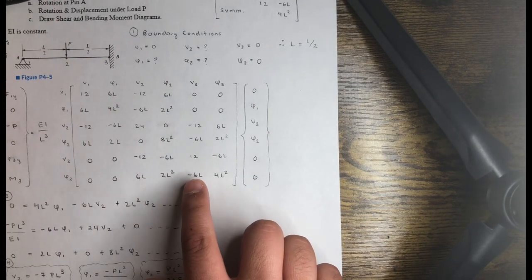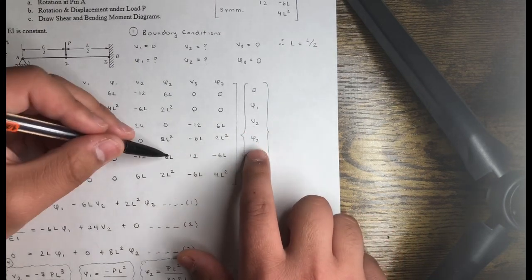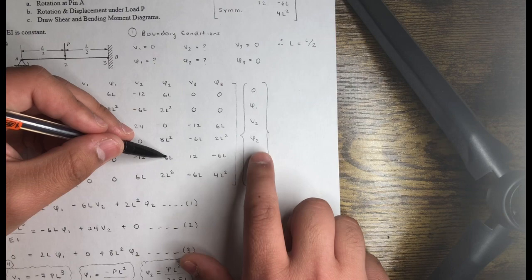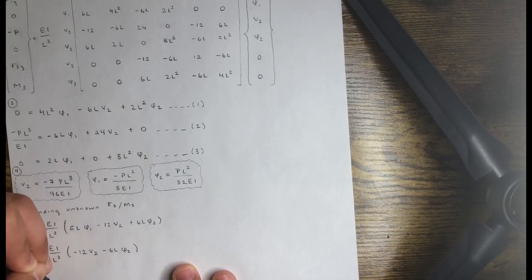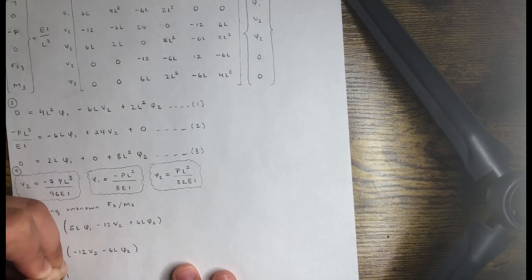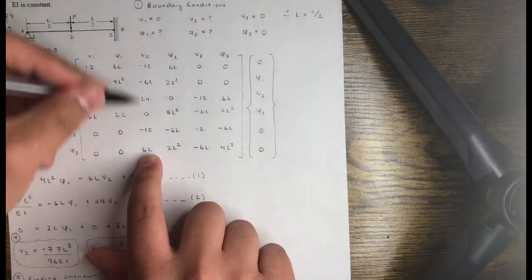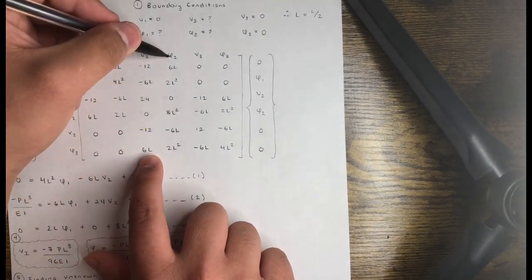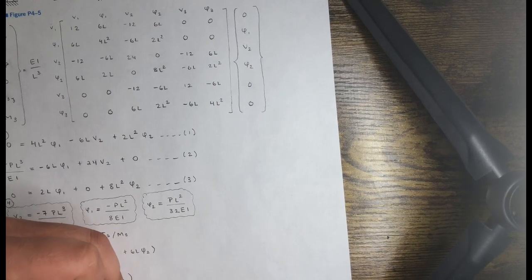Just want to make sure we're good. 0, 0, -12, -6, L, 0, 0. Yeah, we're good. There you go. And then finally, M3y is equal to EI over L cubed. And it's going to be 6L v2 plus 2L squared phi2. Okay.